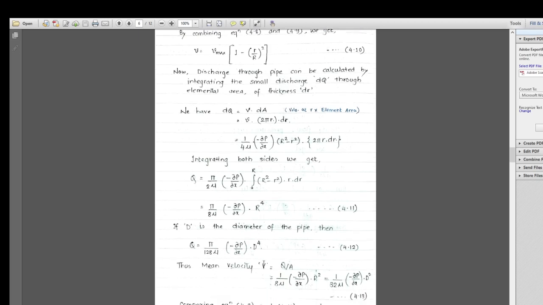Thus the mean velocity, V bar. We know that the formula for velocity is Q by A. So we know the value of Q, and we get minus 1 by 8 mu into minus delta p by delta x into R square.